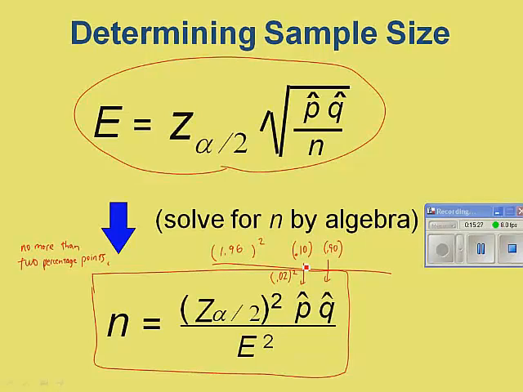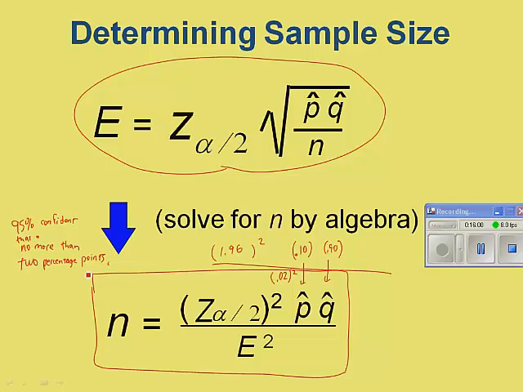How did you get E? Read in the text, it says we want to be 95% confident that the error is no more than 2 percentage points. Do you see it in the problem? You have to look at the book. I think the hard part is not the formula. The formula is easy.